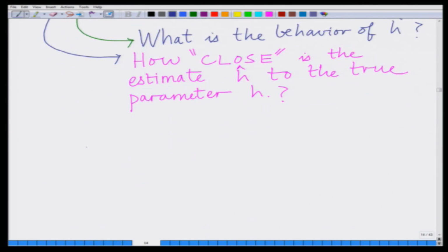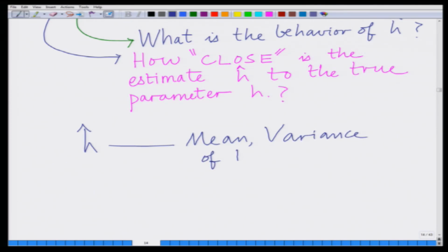Now, in that sense, let us start by computing the mean and variance of this estimate.